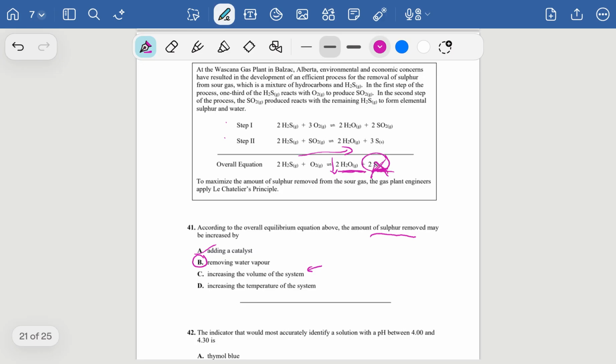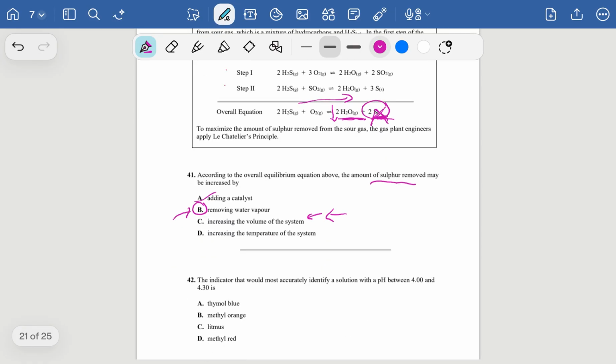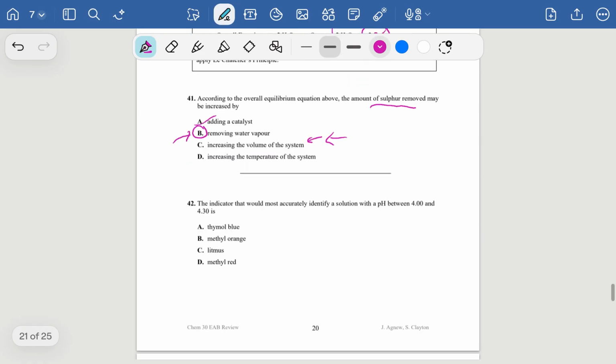So that would actually cause a shift to the left, not a shift to the right. And then increasing the temperature of the system: if I wasn't confident about B, I probably would use Hess's law to figure out that temperature. But I also believe it tells you that you're adding in heat somewhere, or maybe I just know that. Anyway, we do know the answer here definitely is B. That is what would cause the shift.